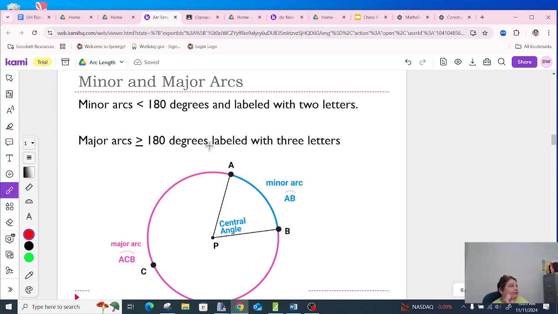Major arcs we label using 3 letters, and those are usually greater than 180 degrees. You will have to know that when you are labeling arcs. So little arcs, 2 letters; larger arcs, 3 letters. You see the picture? Does it make sense?